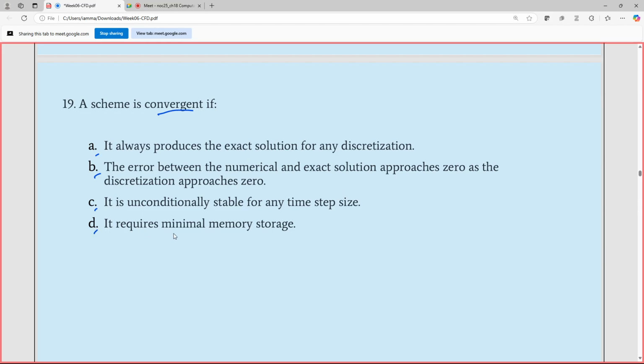Option D, it requires minimal memory storage. So for a scheme to be convergent, which of the following options must satisfy?